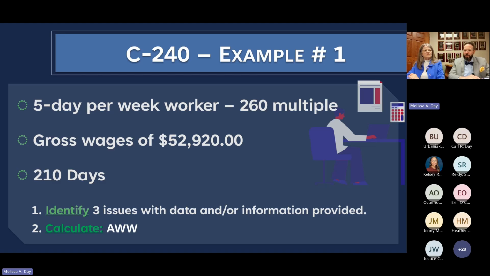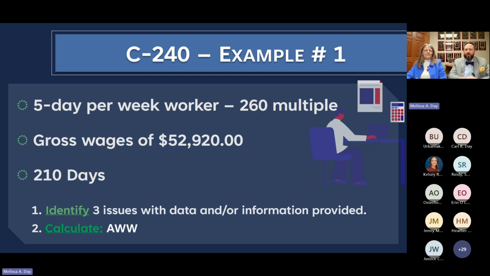And the gross wages reported under number 5 are $52,920. Now, if you also look on number 5, it tells us 210 days were worked. If you flip to page 2, I almost never look at page 1, to be honest with you. I always flip immediately to page 2. But if you look at page 2, you're going to see our scatter plot, essentially, of the data about how many days they worked for each week.